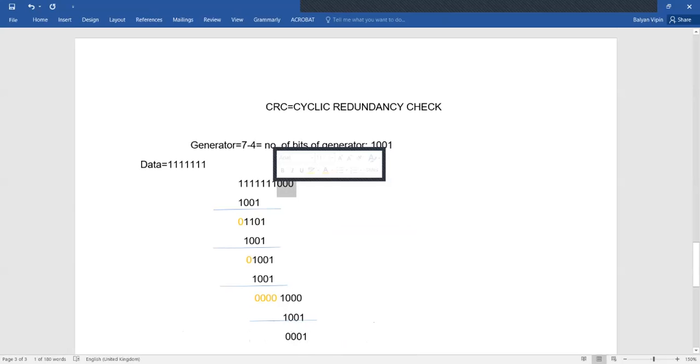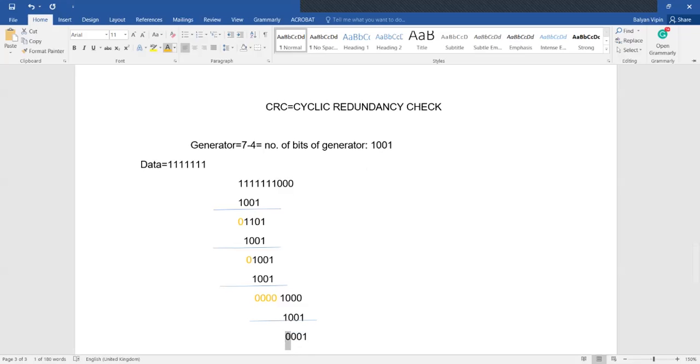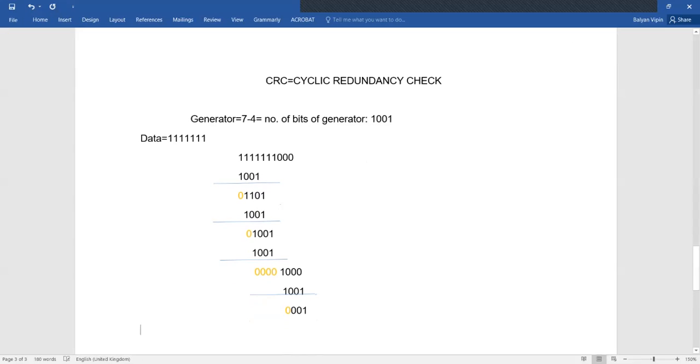So whatever the last 3 bits of your remainder, starting from the LSB, will be used as your CRC bits. So the CRC here is 0, 0, 1.